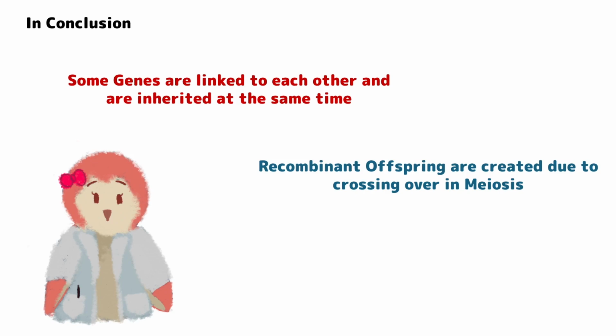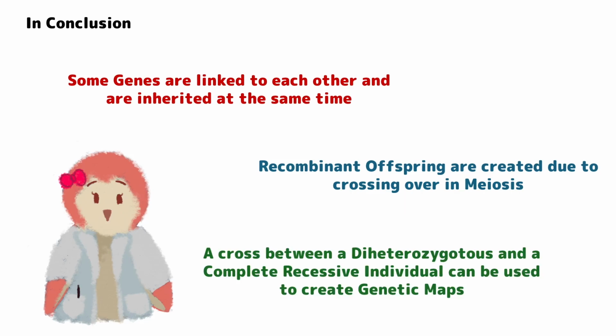This was when the homologous parts of the same homologous chromosomes were switched over. As such, we would get different allele combinations. And the cross between a heterozygous and a completely recessive individual can be used to create the genetic maps, aka the sequence of how genes are located on the chromosome.